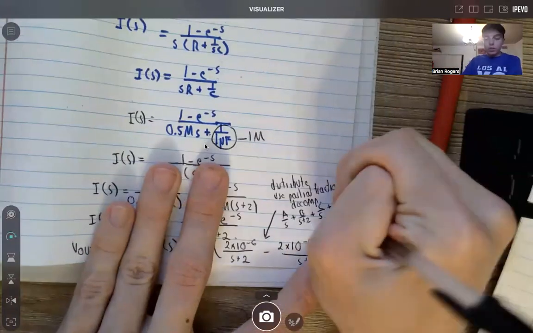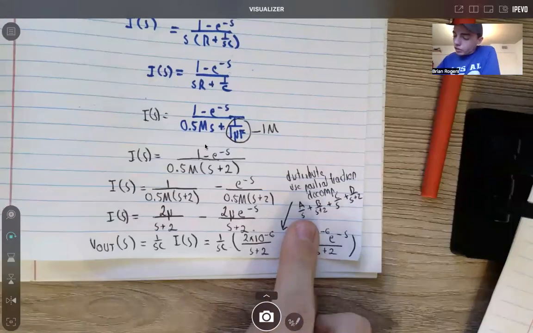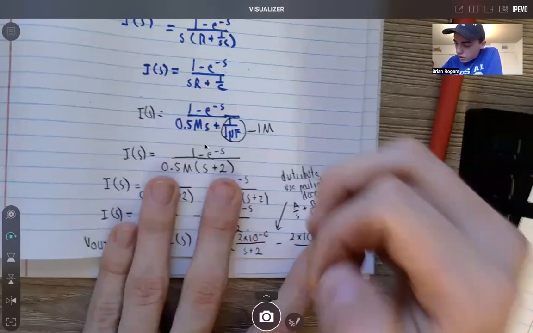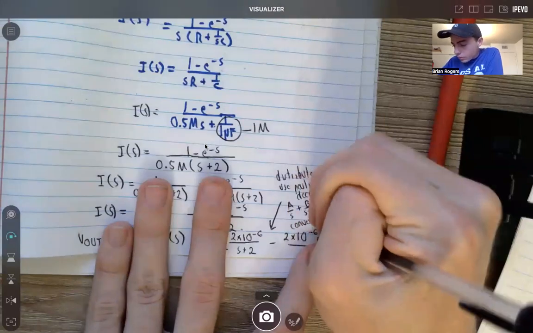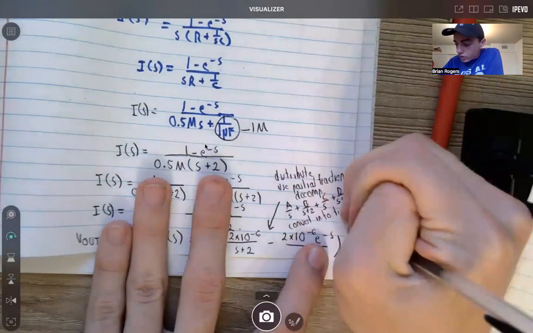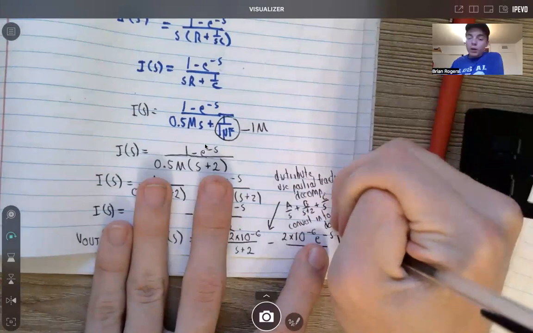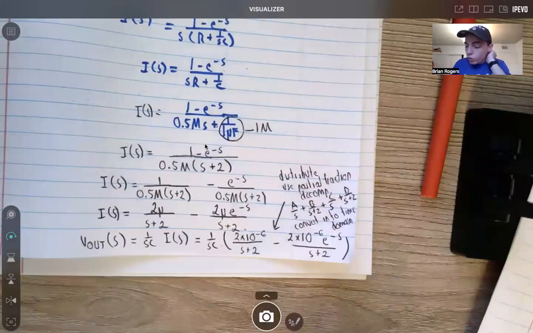Then you'll convert those back into the time domain, and that's where you'll use your Laplace table. That's how you would get the specific voltage out.